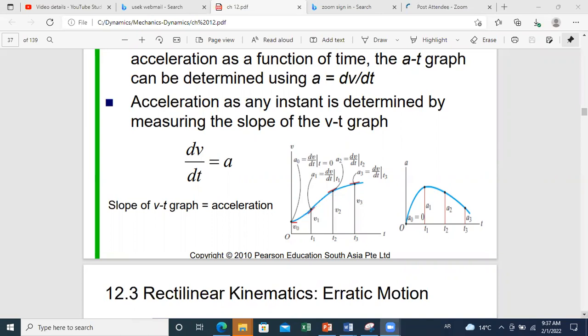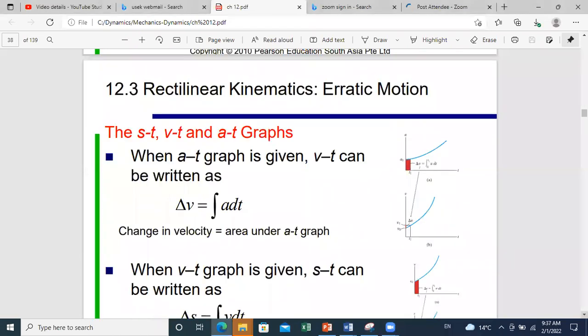Now, we can do this analysis in the reversed way. Sometimes they can give me a as a function of time and I want to deduce v as a function of time. How to do this? I go back to the relation between a, v, and t.